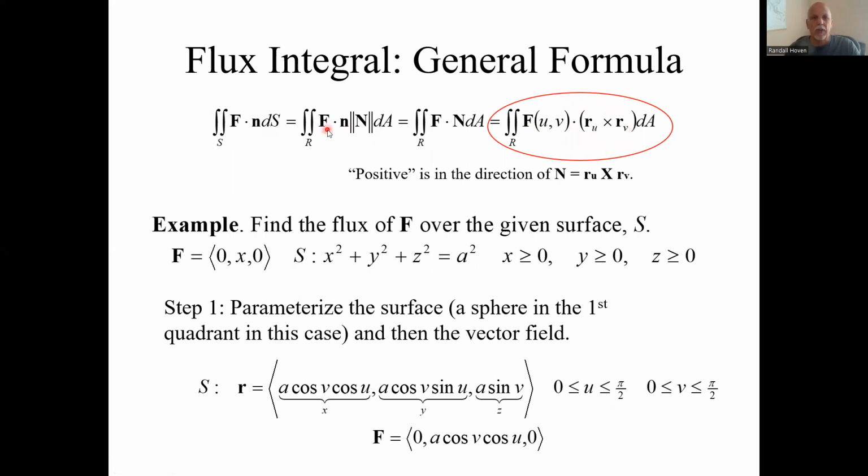You have to convert the vector field from its XYZ components into the parameter space u and v. So here is how we'll compute the flux integral. This is the flux integral, what it means. This is how we'll compute it, at least in the most general case.